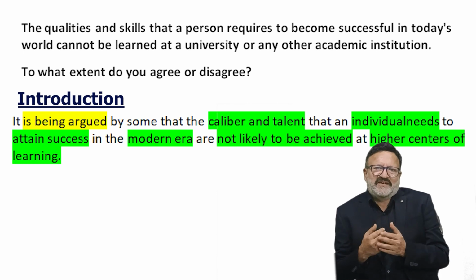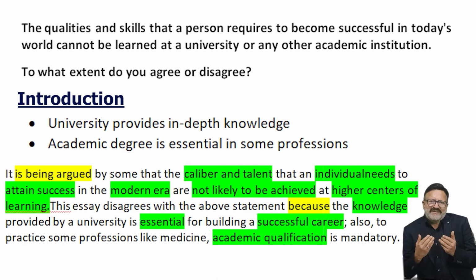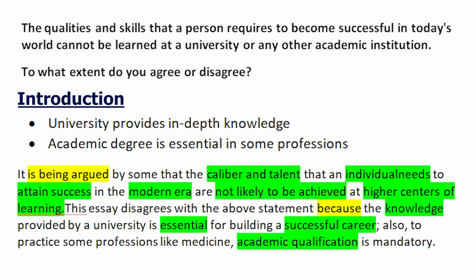Now for the thesis statement. As I have chosen to disagree, I have simply written down the two main points. So friends, let us start by writing the first paragraph. And before doing so, please have a look at the rough points jotted down for explanation.